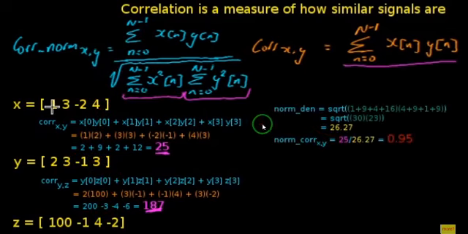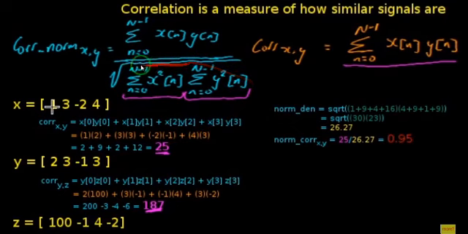If we calculate the normalized correlation for the signals x and y, you see here that before we calculated the numerator here, and we got the result of 25.